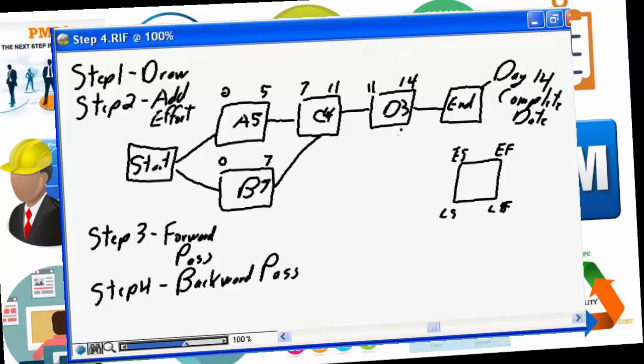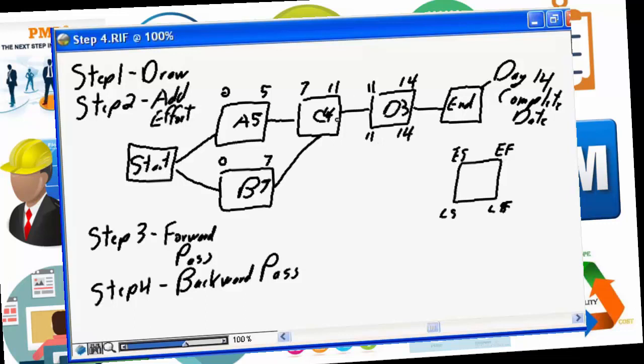So with that in mind, the latest possible finish date for D3 is going to be the same as the early finish date for D3 because that is the end of our project. The latest possible start date for D3 that's still going to allow us to complete on 14 is going to be 11, which is the 14 minus the 3, which is the number of days required to complete our task.